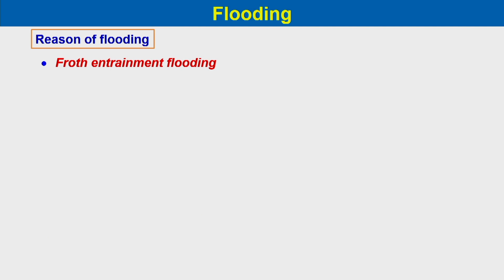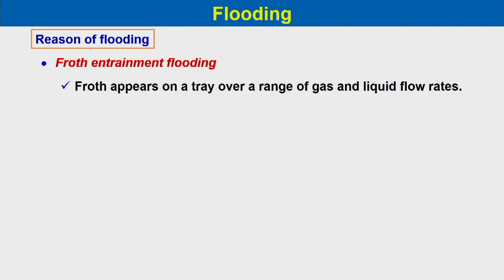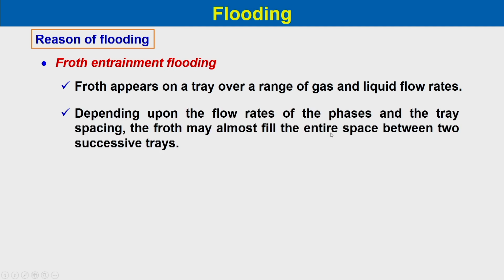And next is froth entrainment flooding. Excessive froth may appear on a tray over a range of gas and liquid flow rates. Depending upon the flow rates of the phases and the tray spacing, the froth may almost fill the entire space between successive trays.